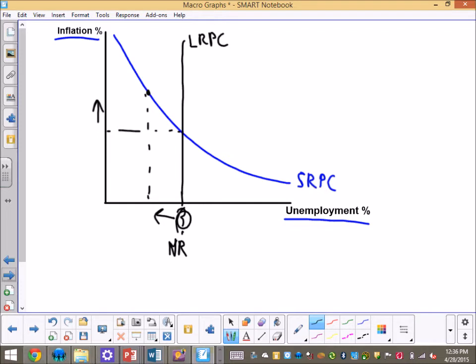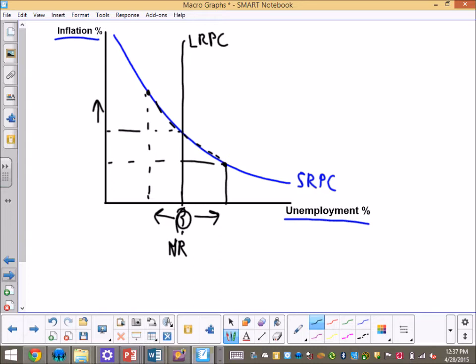Now, if there's a negative demand shock in aggregate demand, how would this affect the Phillips curve? It would move down the Phillips curve, and we'd come down here, and we'd have higher unemployment because a negative demand shock causes less GDP, higher unemployment, but you'd have disinflation. So it would increase unemployment.